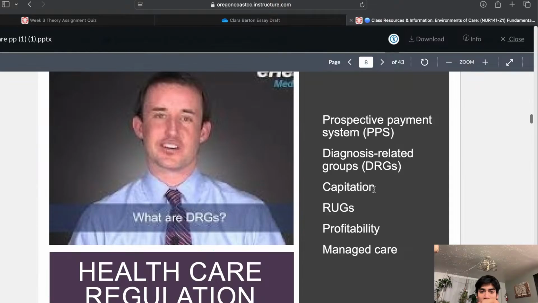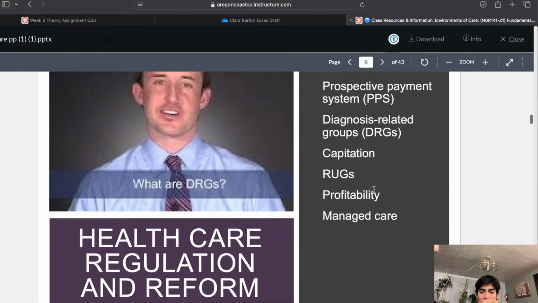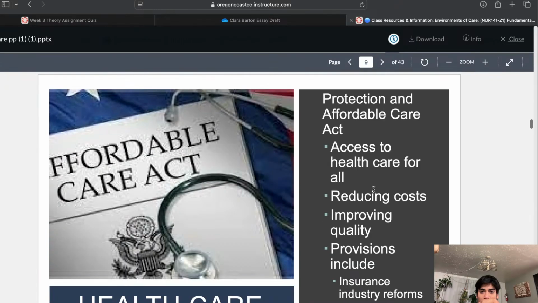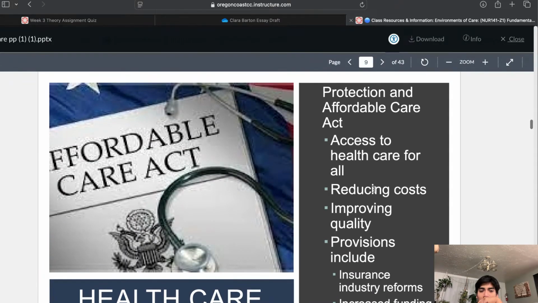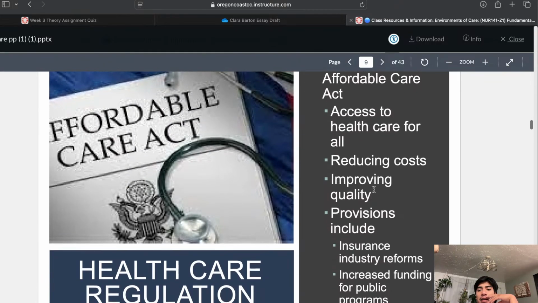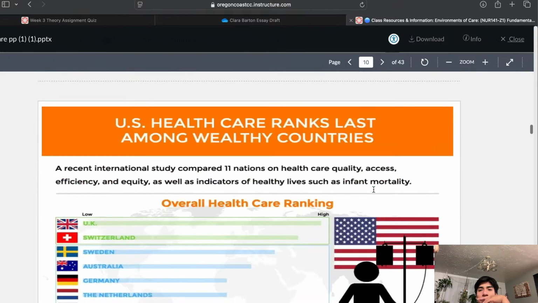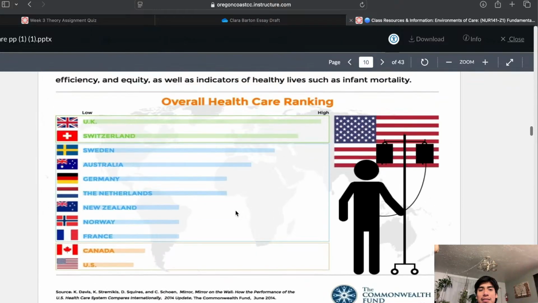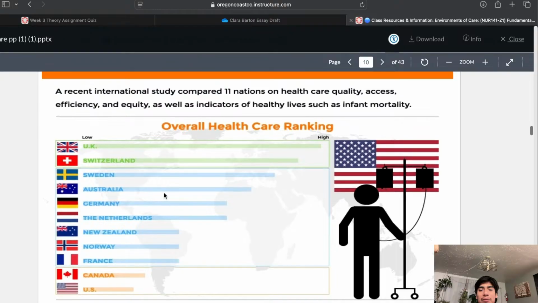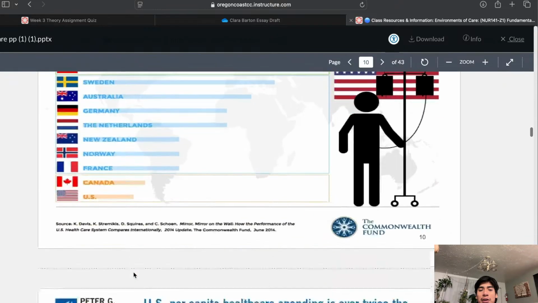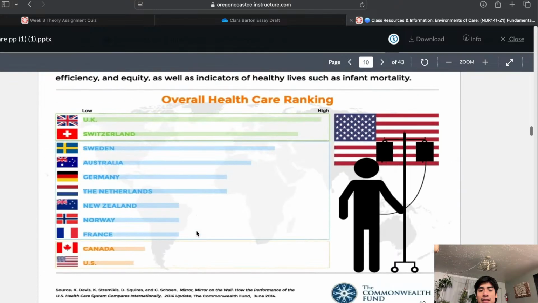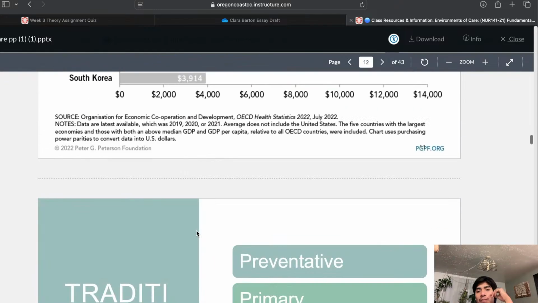Prospect payment. Affordable Care Act, reducing costs, improving quality. Overall healthcare ranking, we are the lowest, but we pay the most. See, that's a huge problem.